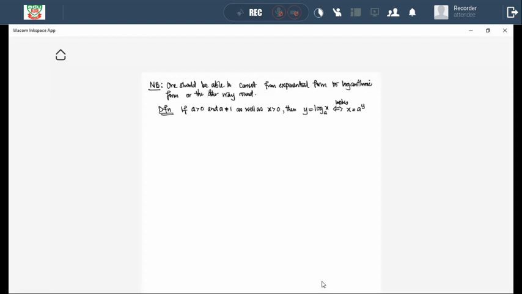Very, very important. This definition is going to help us convert from logarithmic form to exponential form, and from exponential form to logarithmic form.